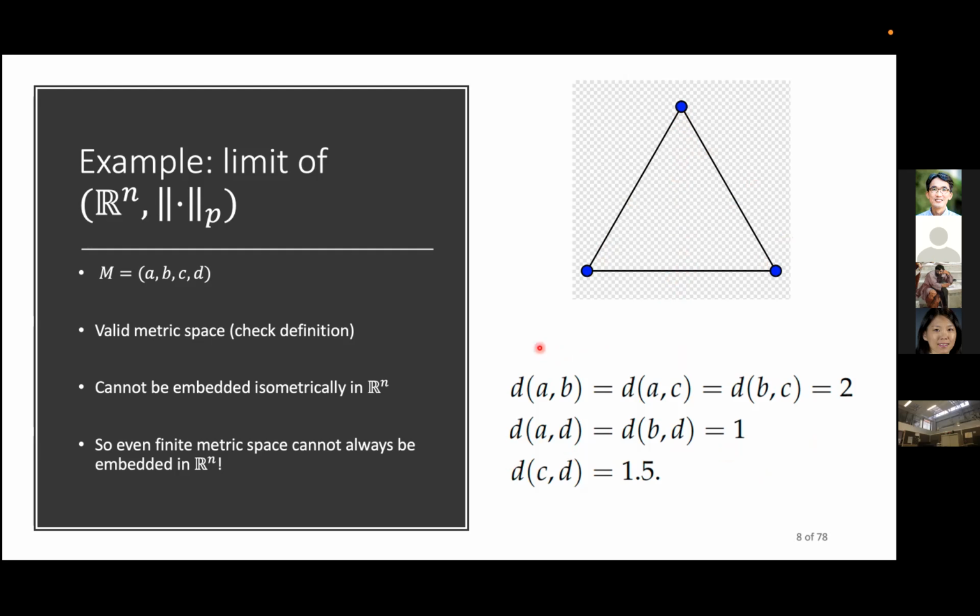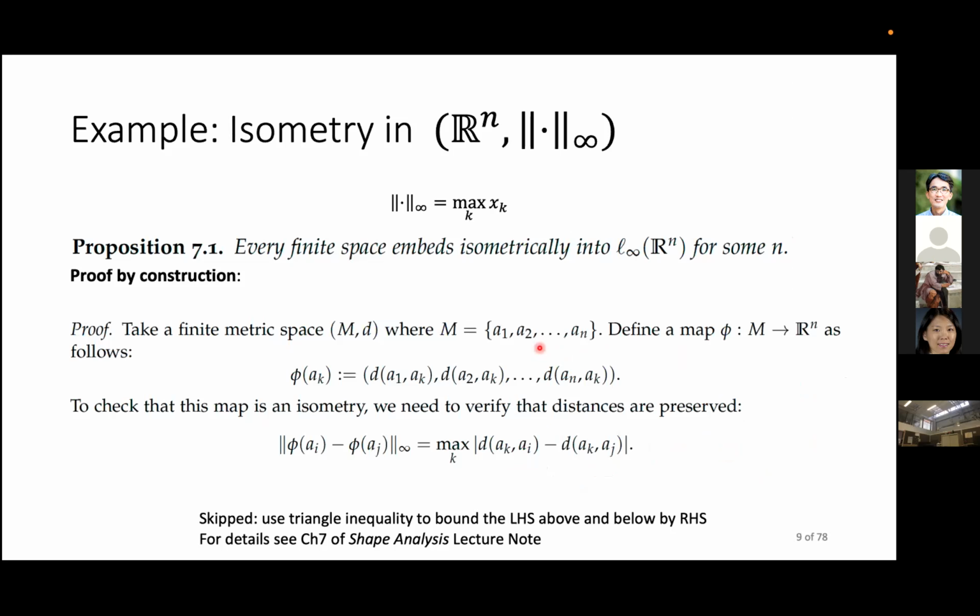Isometric embedding, of course. This is a proposition from the notes, which is saying that the Euclidean space equipped with the infinity norm, which is the max element of the vector, is a space into which you can safely isometrically embed any metric space.